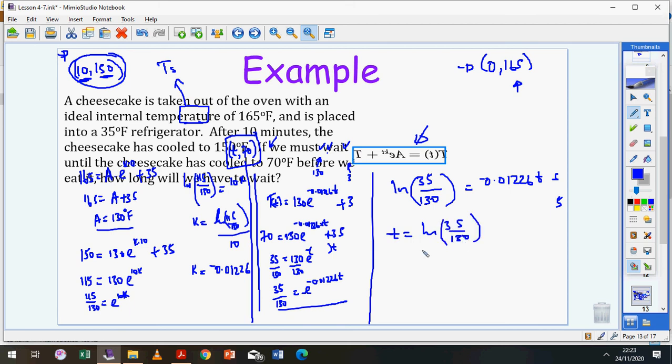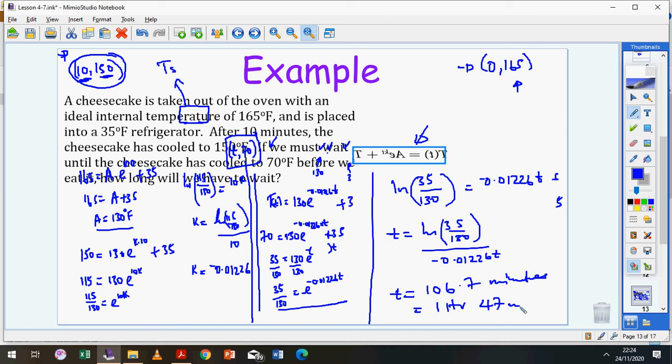And if I plug that into a calculator, I get 106.7 minutes, and that's the same thing as 1 hour and around 47 minutes if you round up. If you subtract 60 from this, it's 1 hour and 47 minutes, around that.